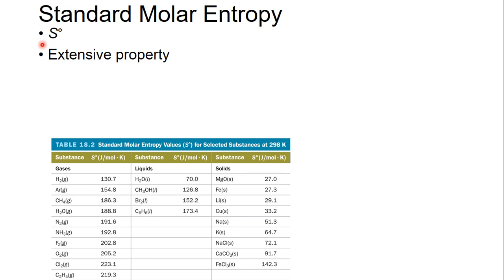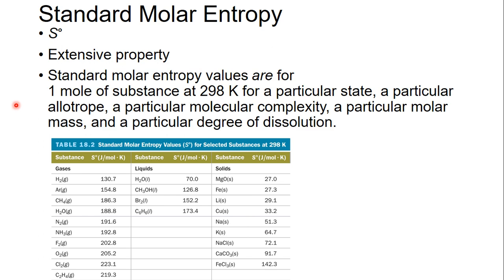So let's talk about standard molar entropy then. It's given the symbol S naught, this little circle here, that's what we call naught. It's extensive. That means it depends on the amount of stuff we have, which makes sense. Look at the units of standard molar entropy: joules per mole K. Mole is in the unit, so the more moles you have, the more entropy you have.